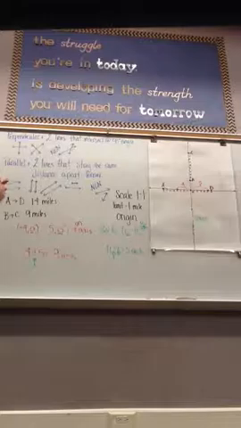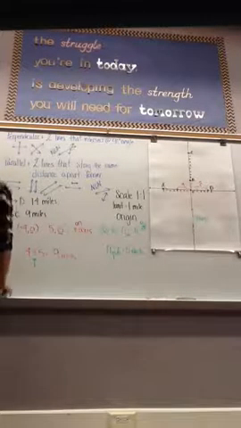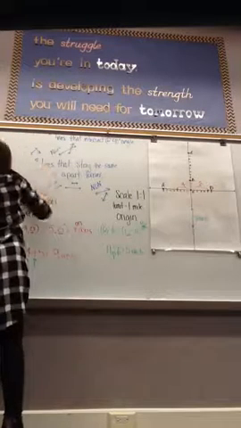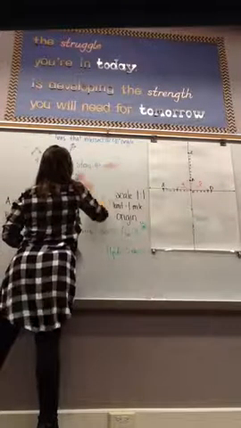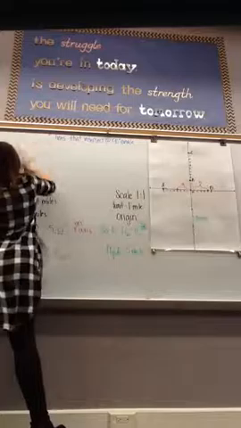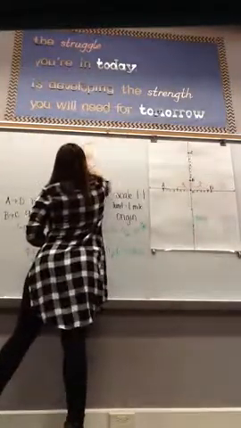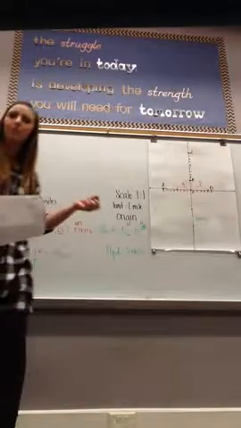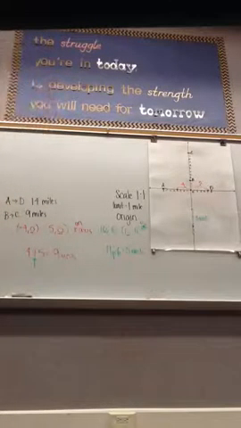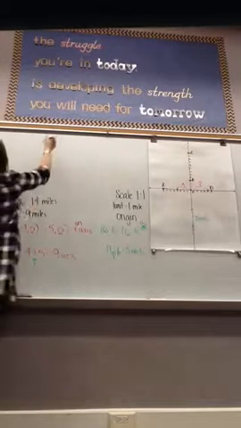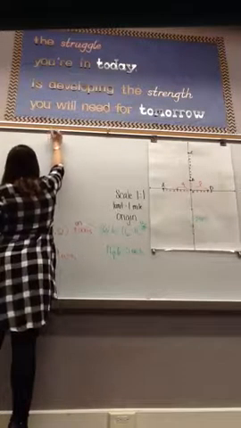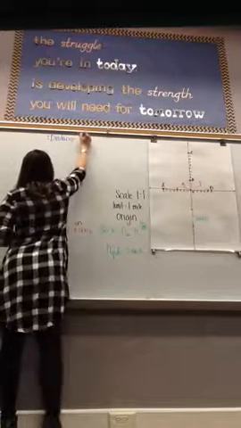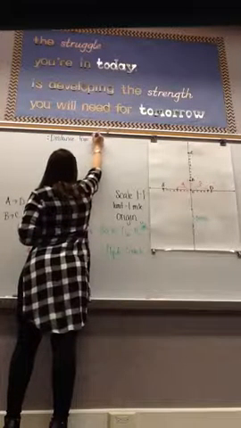So push pause until you were able to come up with some. Before today, we have talked about distance, not on a coordinate plane, but on a number line. And we actually have a vocabulary word that tells us the distance from 0.